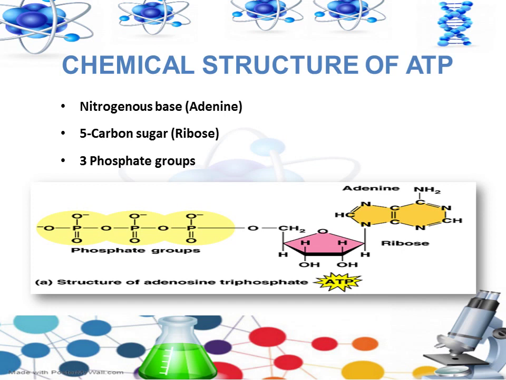This is the chemical structure of ATP. So ATP is made up of three different groups, which are the nitrogen base, which is adenine, a 5 carbon sugar, ribose sugar, and 3 phosphate groups.